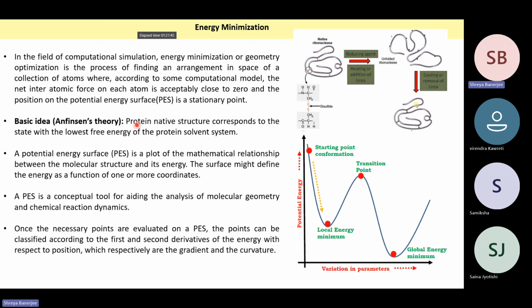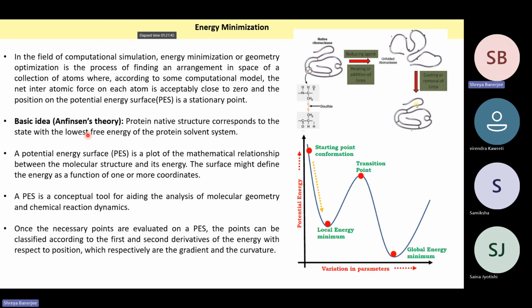So the computer will basically scan through the entire potential energy surface till it reaches the global minima. It has all the equations and terms to calculate the total energy. It will calculate that total energy for multiple states, and it will scan through all the states to find the global minima, which will then be called the native state of the protein.